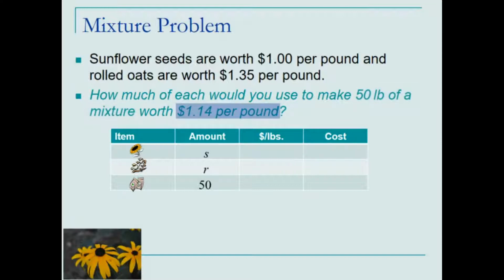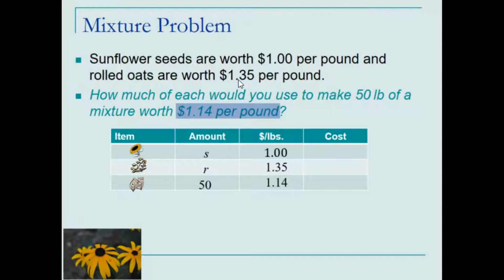The second piece of information will help us generate a second equation ultimately, and it's listed here that this mixture will be $1.14 per pound. Furthermore, the problem does tell us that sunflowers are selling at $1 per pound, so we can fill that cell in, and rolled oats are selling at $1.35 per pound.